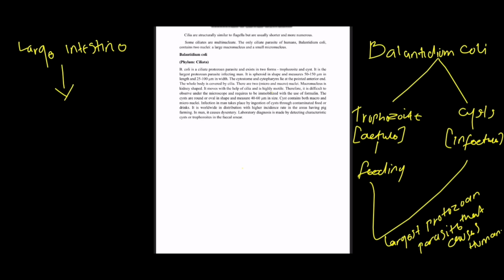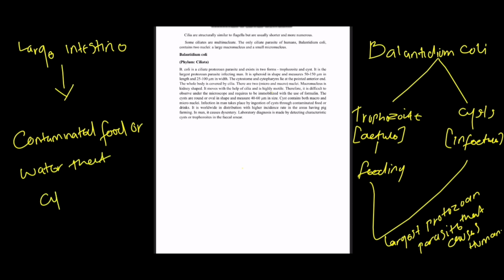So humans usually get infected with Balantidium coli by consuming contaminated food or water that contains the cyst, and the parasite causes dysentery in man.